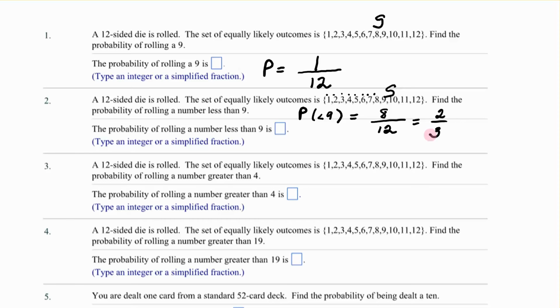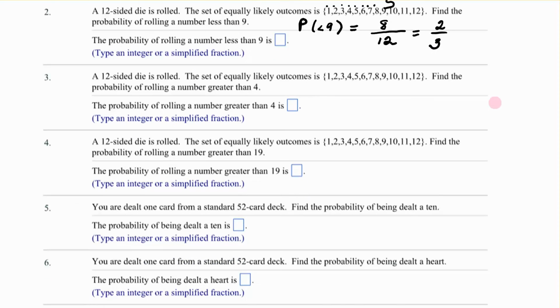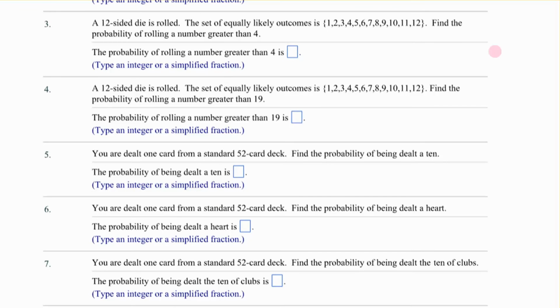All right, let's look at number 3. A 12-sided die is rolled. The set of equally likely outcomes is, and we have that same sample space. Find the probability of rolling a number greater than 4.